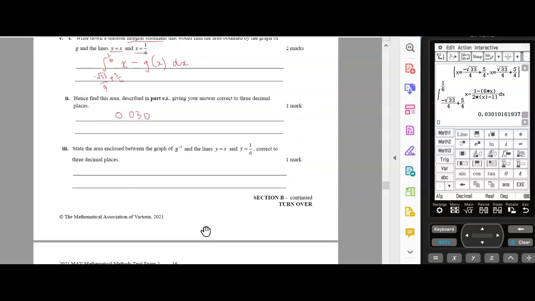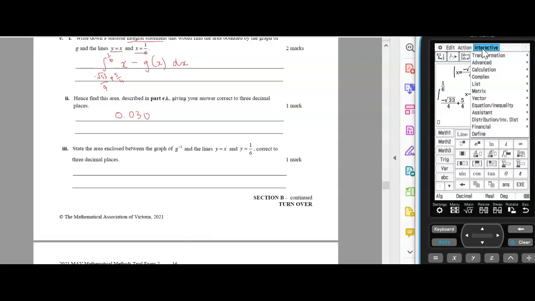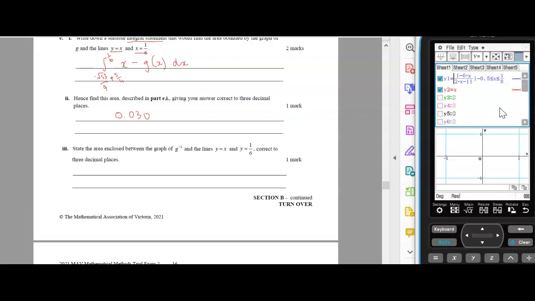All right, in part 3, state the area enclosed between the graph of the inverse of g and the lines y equals x and y equals 1/6, correct to 3 decimal places. All right, so with the inverse, if I just go back onto our graph to see the graph again, when you do an inverse, it gets reflected along the line y equals x.